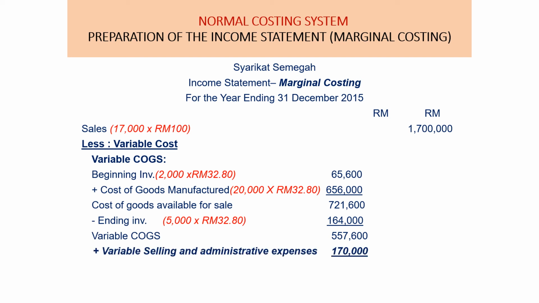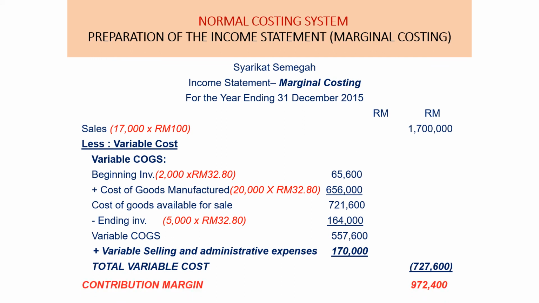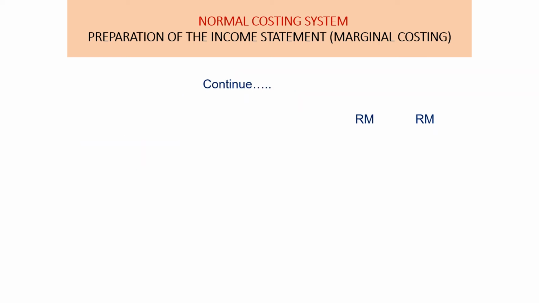You add the variable selling and administrative expenses 170,000, and you have a total variable cost 727,600. In order to get the contribution margin, sales minus total variable cost, you get contribution margin 972,400.